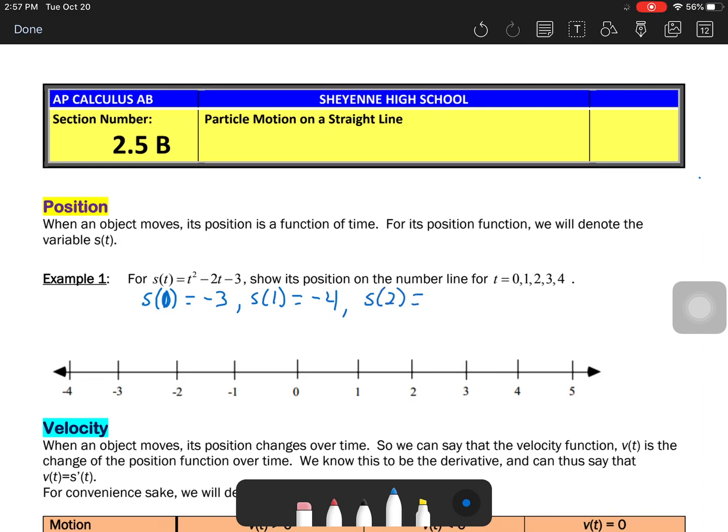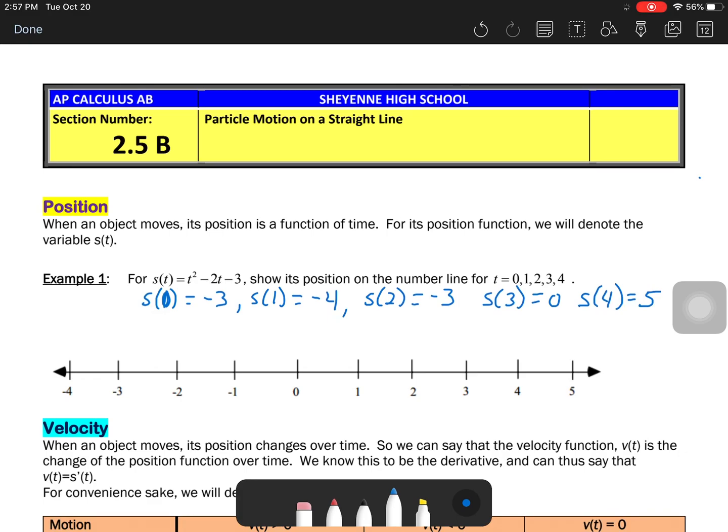S of 2, if we plug that in, I believe we get -3. S of 3, if we plug a 3 into that quadratic, we get 0. And S of 4, if I plug a 4 in, I get 5. So these are my positions.